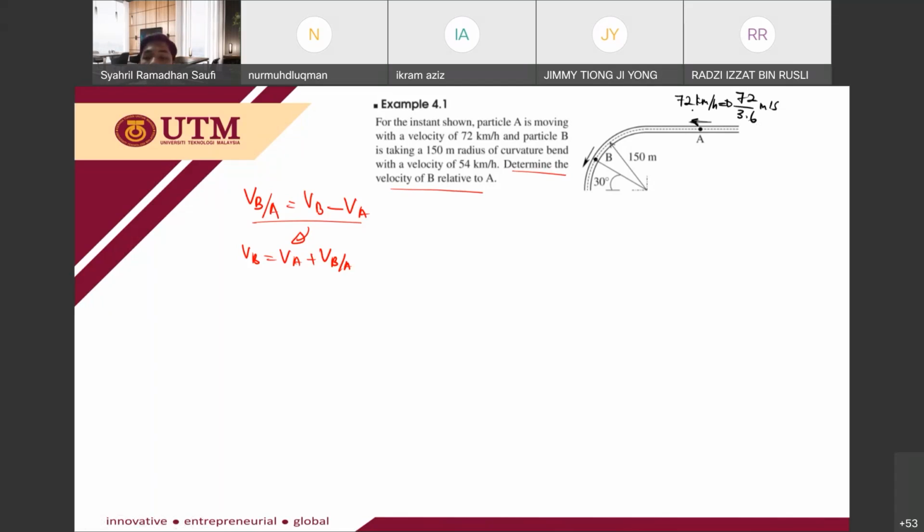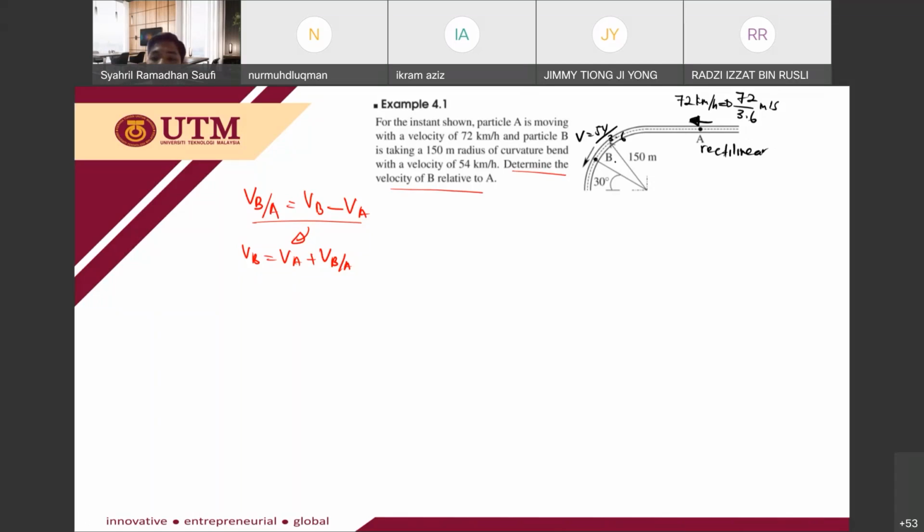We know that particle A is moving with rectilinear motion, a straight line motion, to the left. Then particle B is taking a curved bend with a velocity of 54 kilometer per hour, so VB here is 54 over 3.6 to change to meter per second.